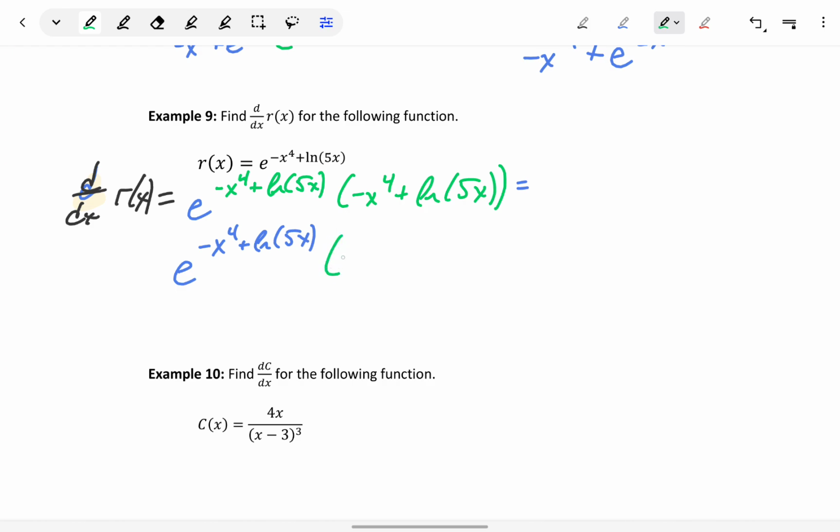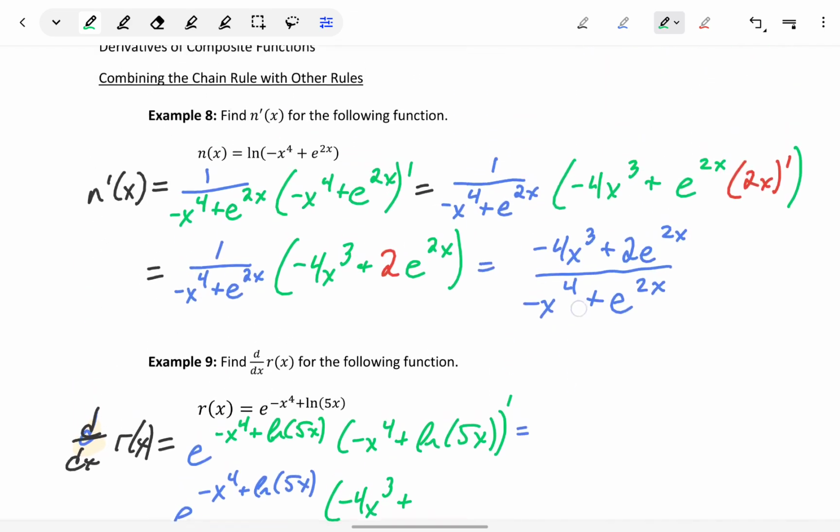When we take the derivative of that interior function, we get negative 4x cubed plus the derivative, oh, I should put that prime there if I didn't include that above.